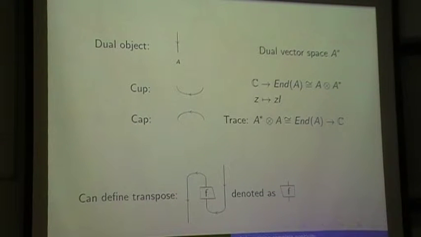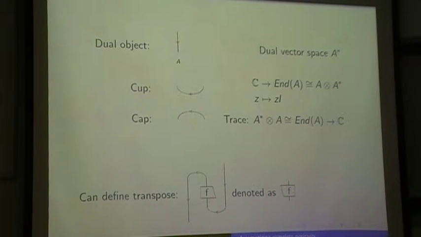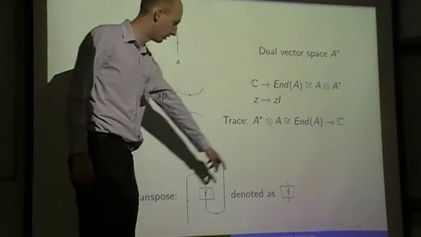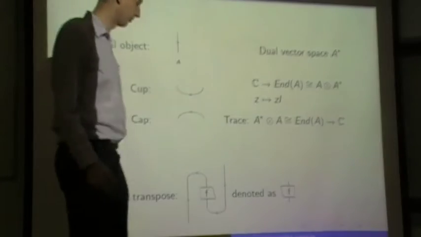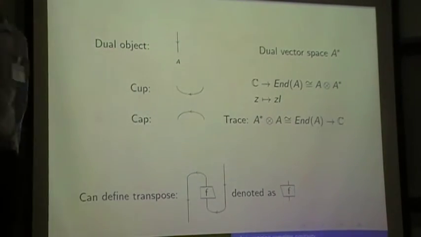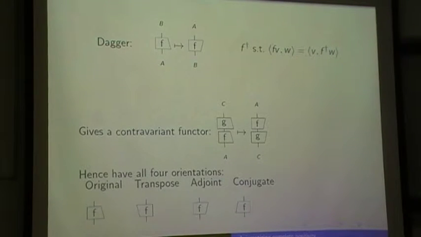And we also have the cap, which is the trace: it takes an endomorphism and just gives you its trace. And these two things let us define the transpose of the map, which we denote by rotating the morphism around, as though we'd taken this diagram and pulled these two lines straight.